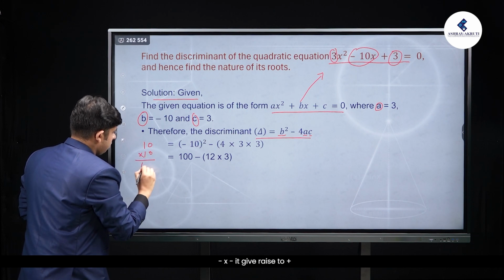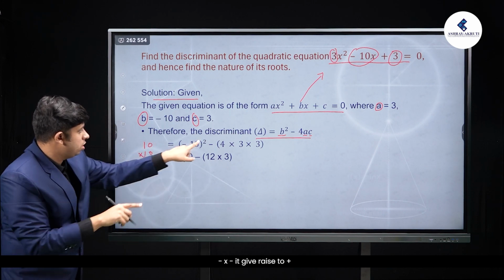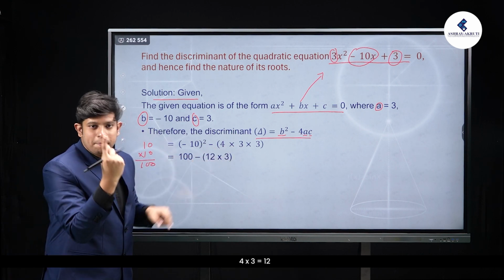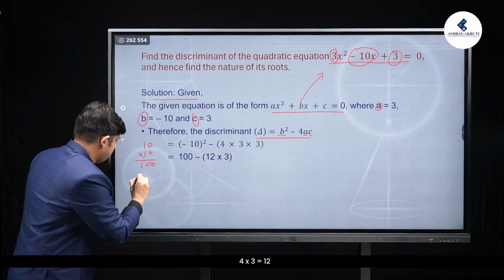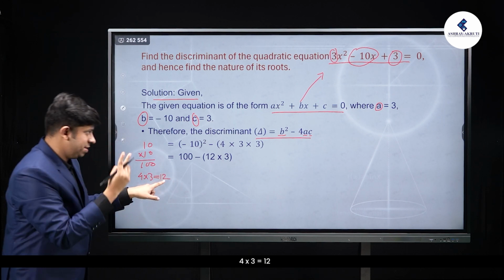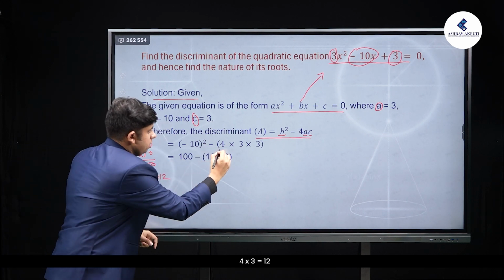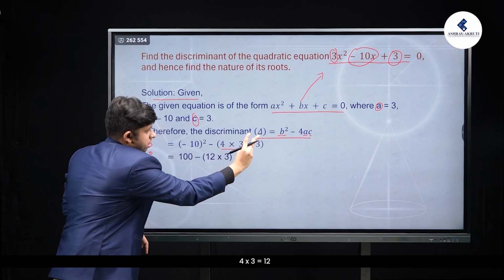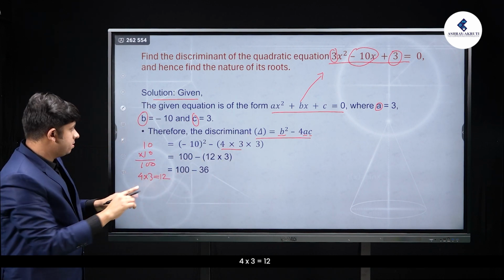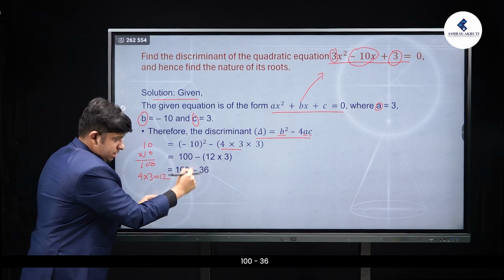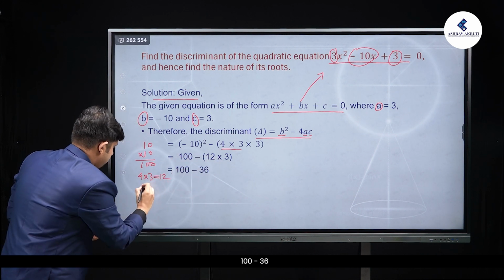Minus into minus gives us plus. 100 minus 36.